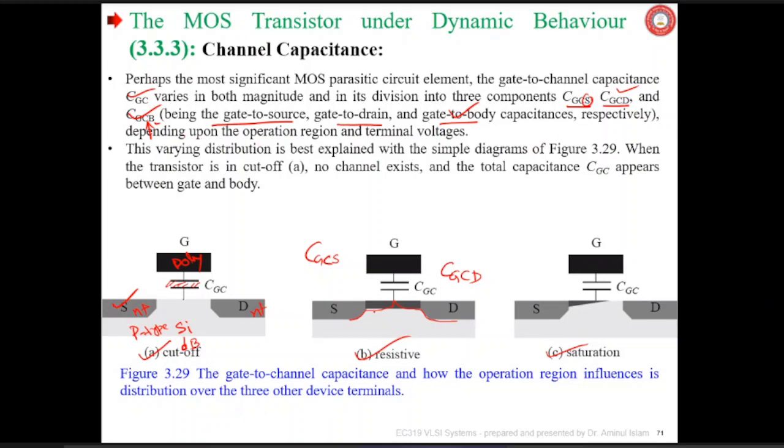And these three capacitances are dependent on the mode of operation of the MOSFET. This varying distribution is best explained with the help of a diagram.